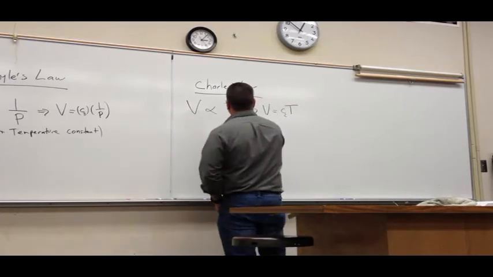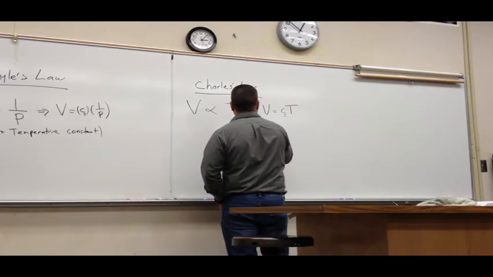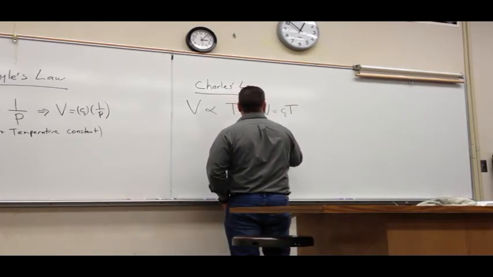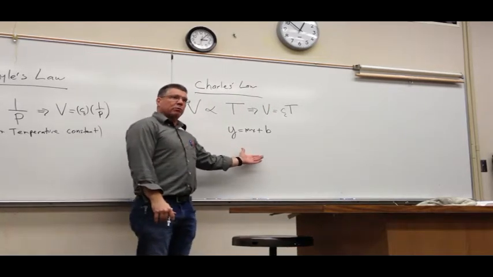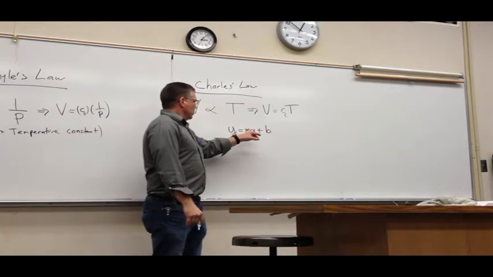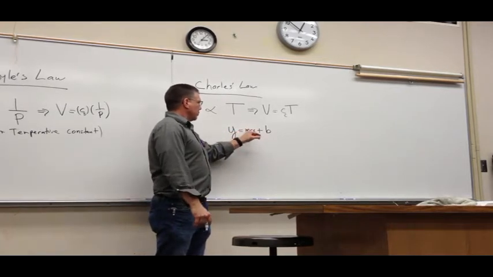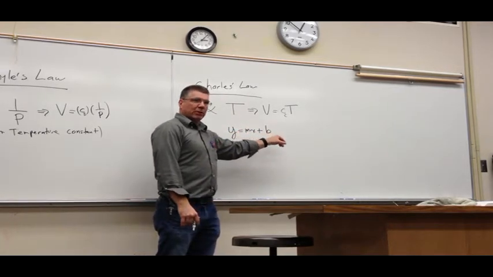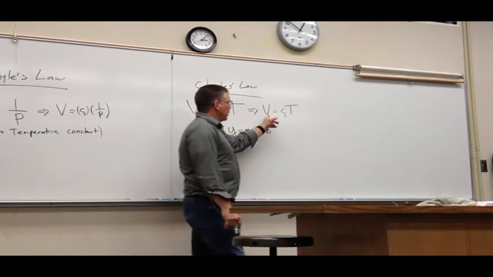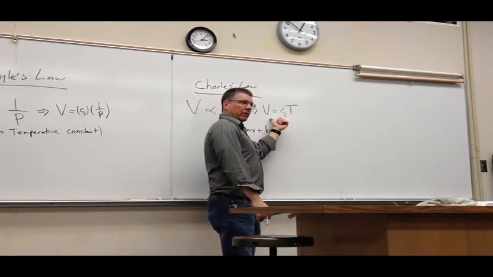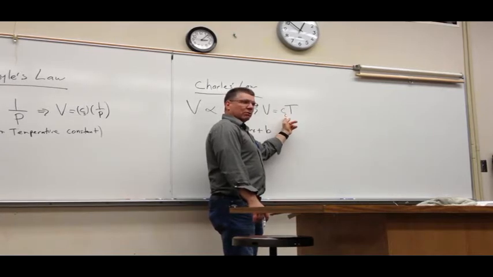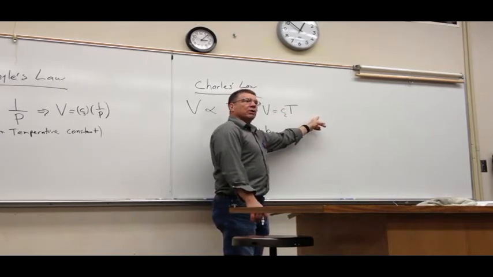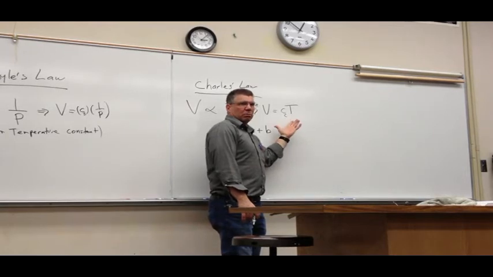Everybody's seen this, the equation for a straight line, y equals mx plus b, where y versus x, m is the slope of the line, b is the y-intercept. Well, that's what this looks like. If y is the volume, if x is the temperature, that means with a y-intercept of 0, the slope is going to be whatever the constant is.